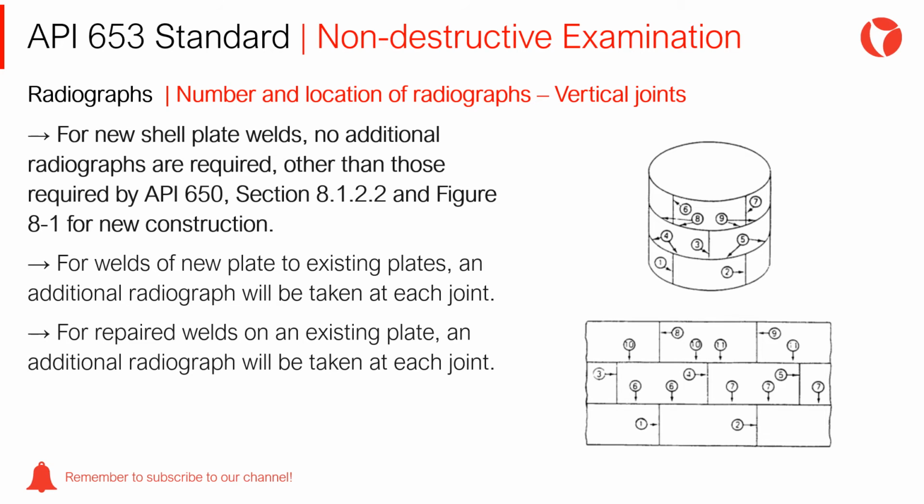For welds of new plate to existing plates, an additional radiograph will be taken at each joint. For repaired welds on an existing plate, an additional radiograph will be taken at each joint as well.